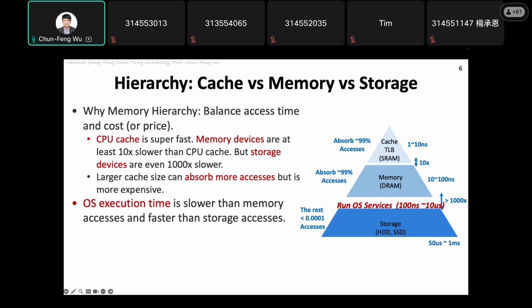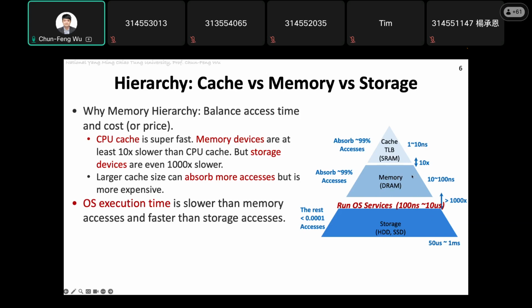And 10 microseconds still doesn't matter because it is still way faster than a storage device, right? But 10 microseconds is already a similar scale to accessing data in memory.